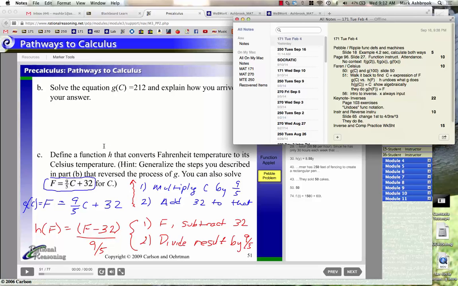So what if I were to take G of C? What does that represent?